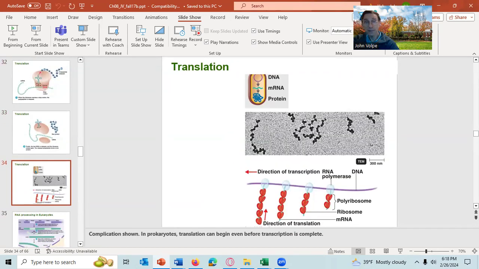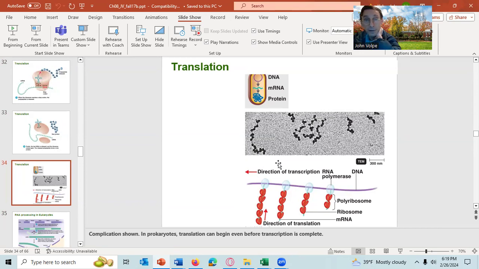The first complication is that in both prokaryotes and in eukaryotes, you can have more than one ribosome bind to the messenger RNA. So right here we have one messenger RNA, and there's 1, 2, 3, 4, 5 different ribosomes bound to it, making 5 different proteins, or growing polypeptide chains, I should say, which isn't shown here.